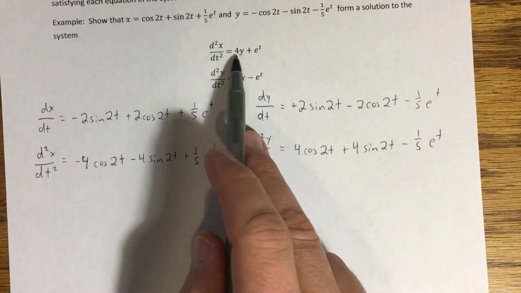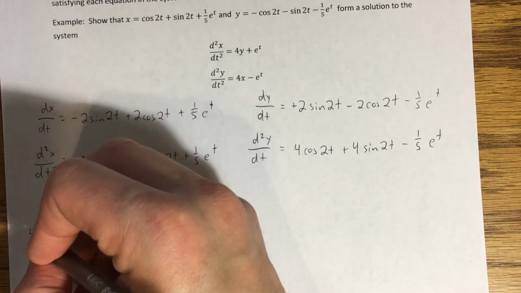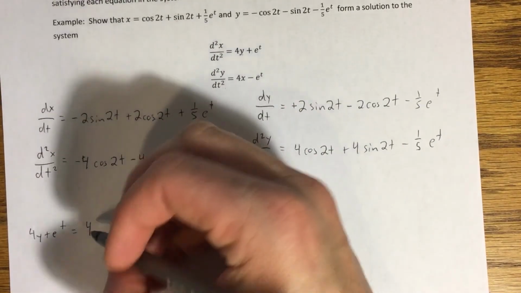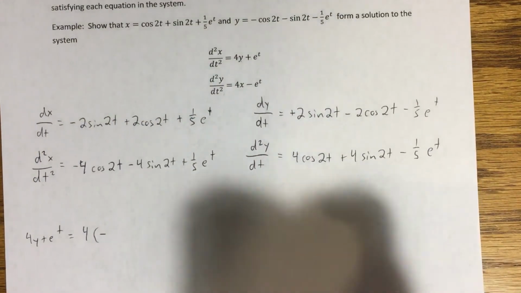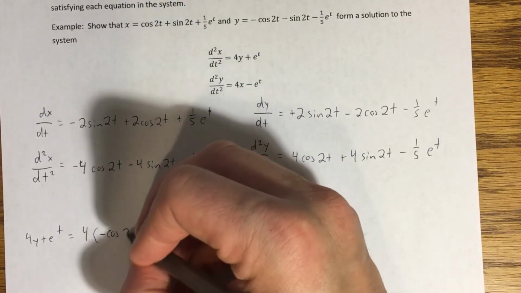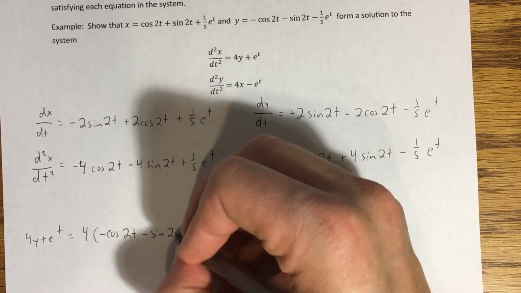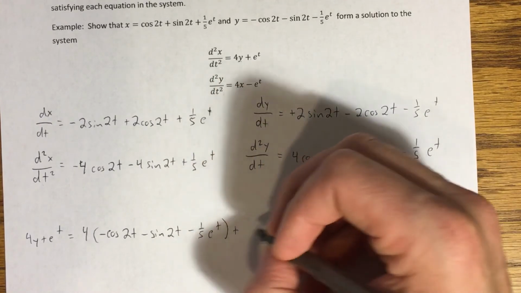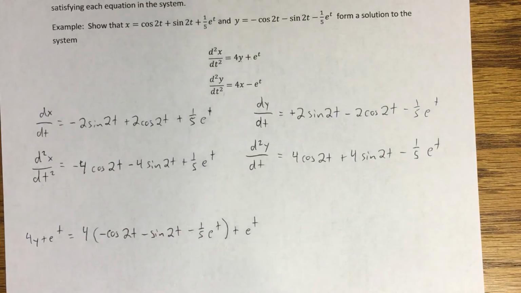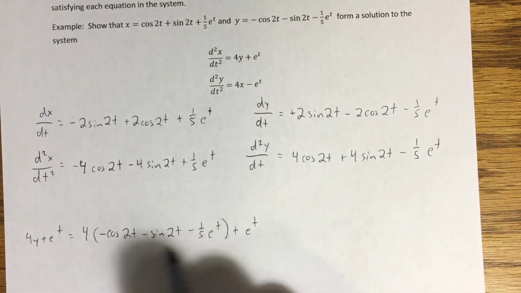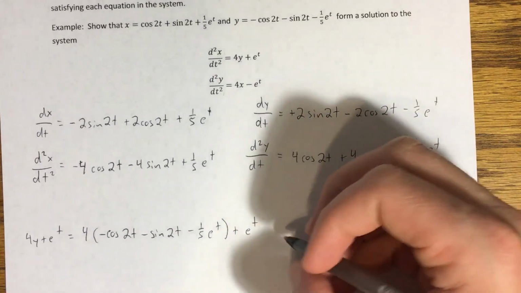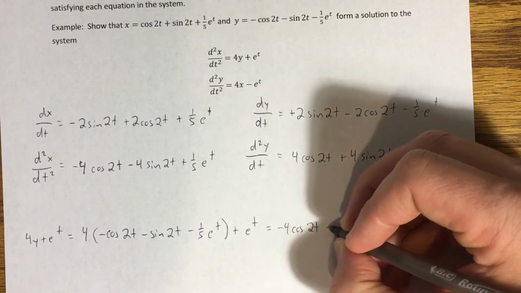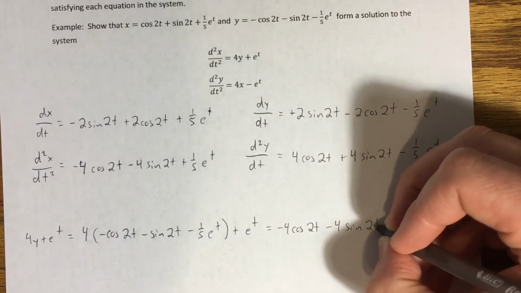So starting here, 4y plus e to the t. 4y plus e to the t looks like 4 times y was given up here, negative cosine of 2t minus sine of 2t minus 1/5 e to the t. And then this is plus e to the t here. Okay? So multiplying the 4 in here, I'm going to get negative 4 cosine of 2t minus 4 sine of 2t.